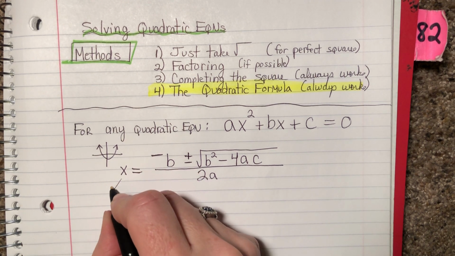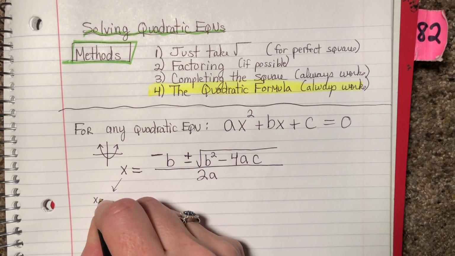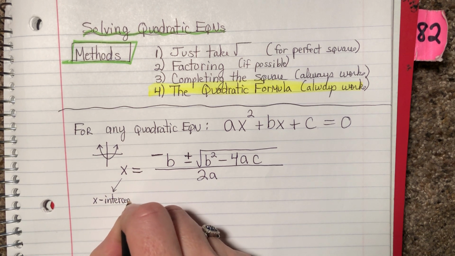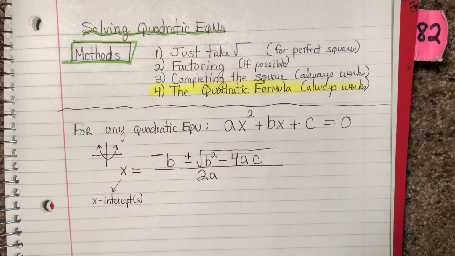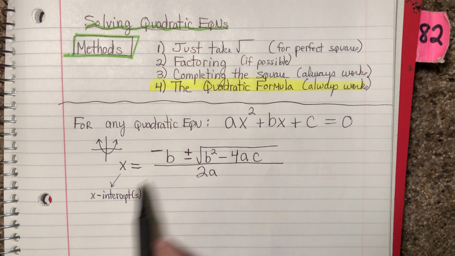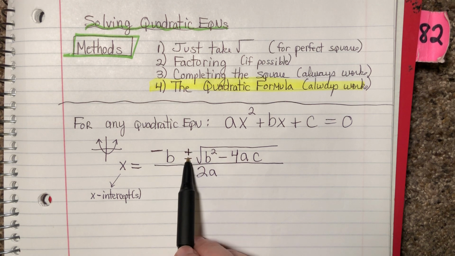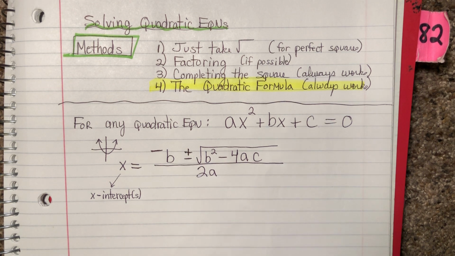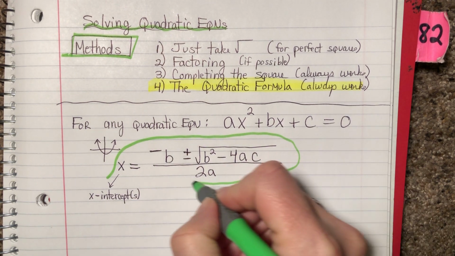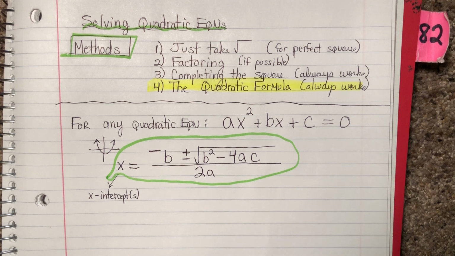Remember, this x means x-intercept. And I'll put an s there because most of the time there's two of them, and that's where this plus minus comes from, because it gives you two options for your x. All right, this here, I'm going to go ahead and circle. Very big, important formula.